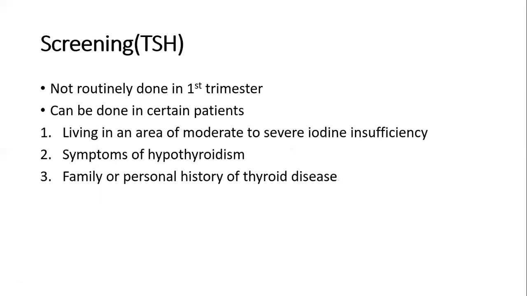So for the screening, it is not routinely done during the first trimester, but it can be done in certain patients, including patients living in an area of moderate to severe iodine insufficiency, patients with symptoms of hypothyroidism, and patients with family or personal history of thyroid disease.